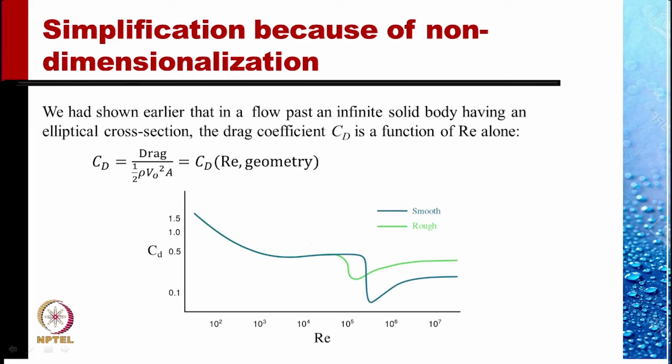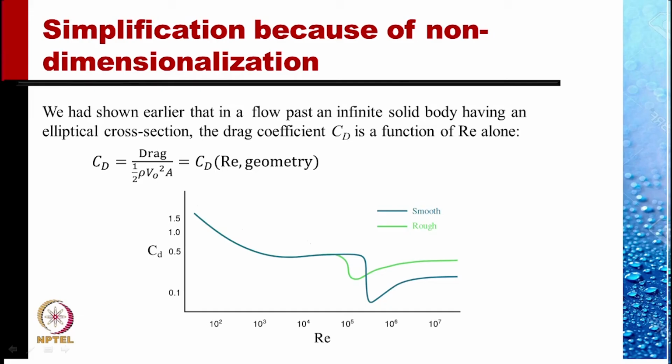In fact, this is the difference that is used in many of the ball games that we play. In cricket, in golf. But the point to note here is that we have simplified.